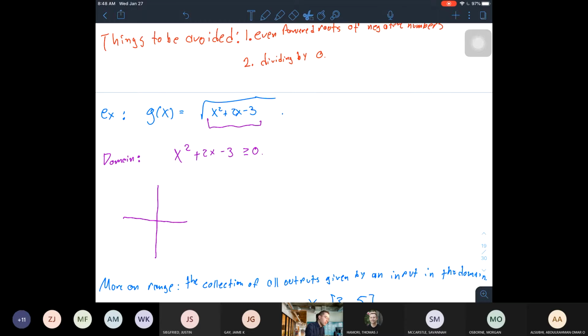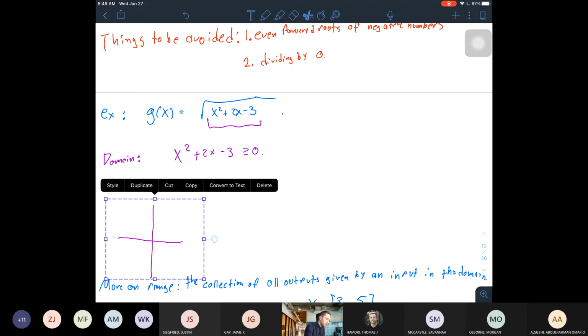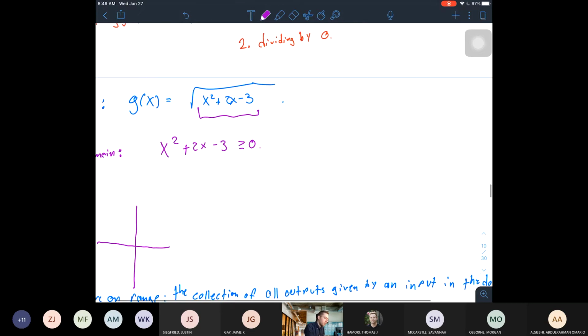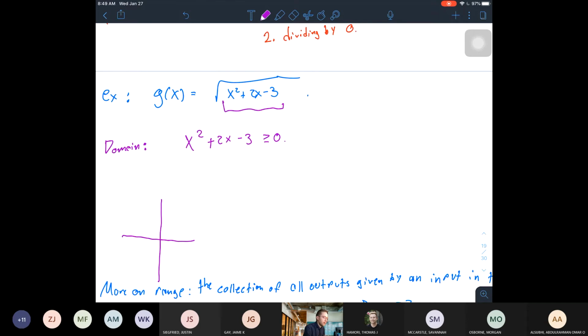Okay, I think it's going to help us to graph this if we can factor this expression. I think we want to find two numbers which are going to multiply to negative 3 but sum to positive 2.